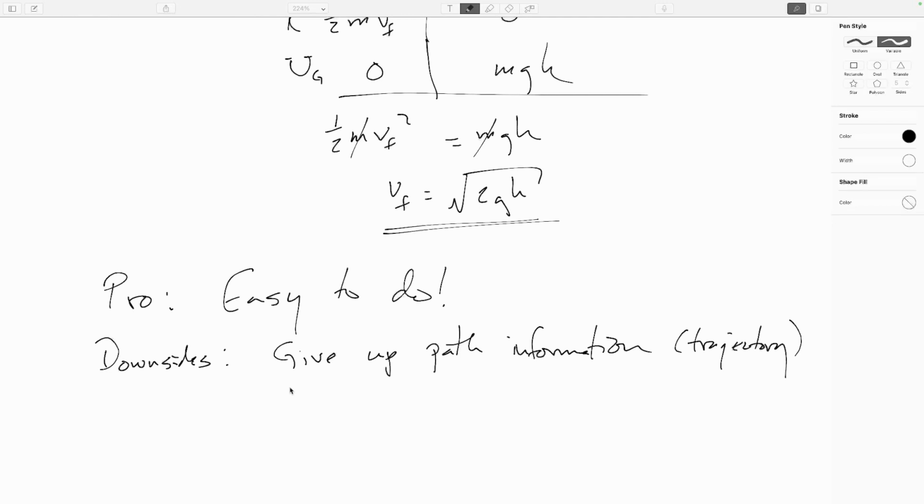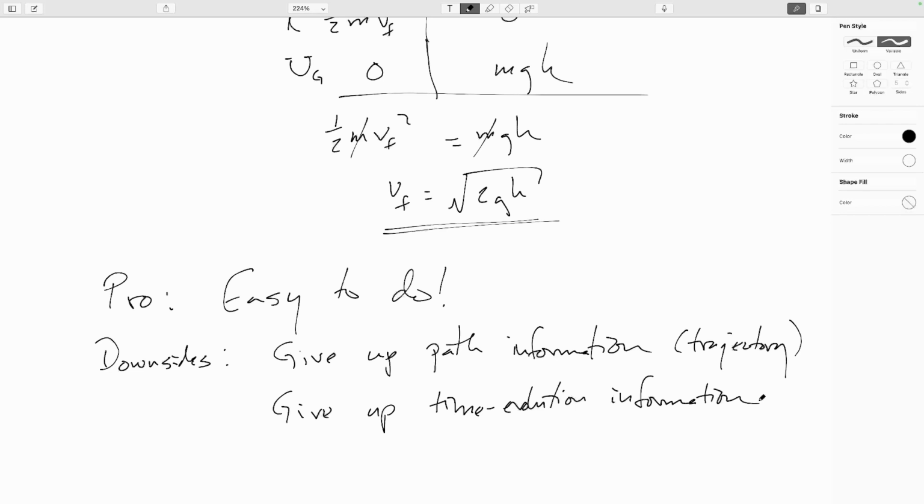The other downside is we also give up time evolution information. What this means is that there's nothing that we can do with energy analysis to find out, say, how long it took the rock to fall this height, h.